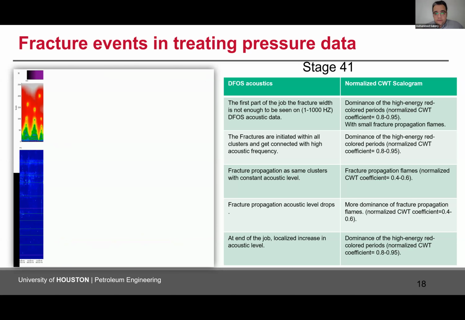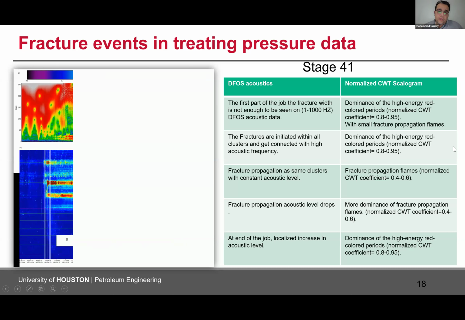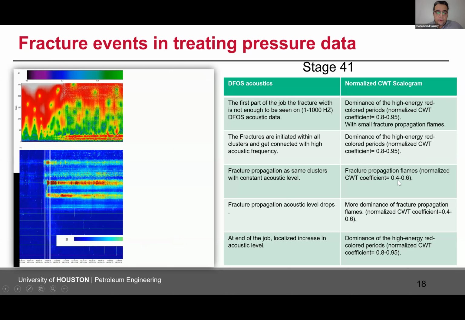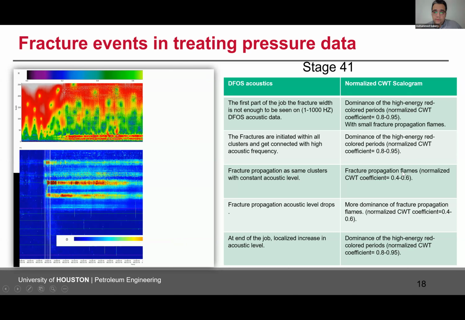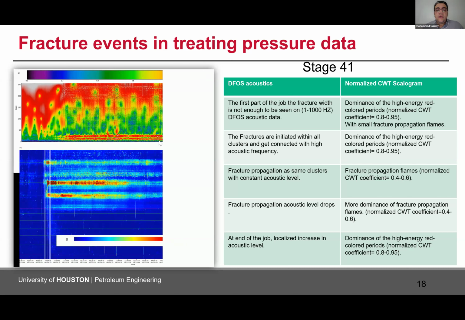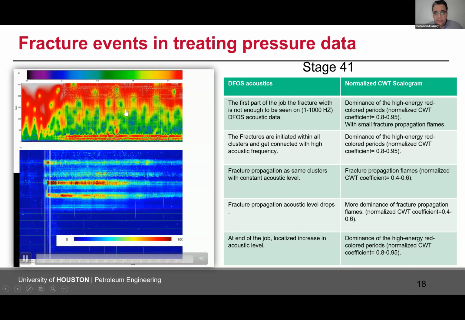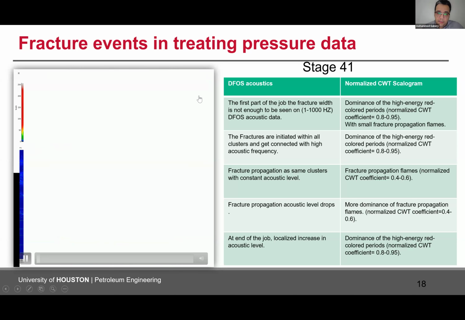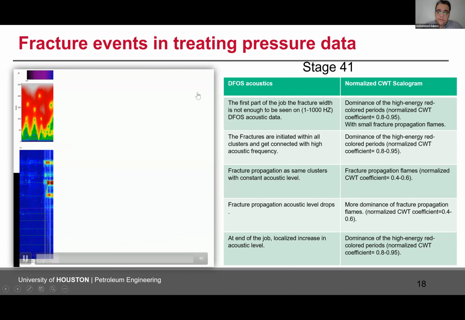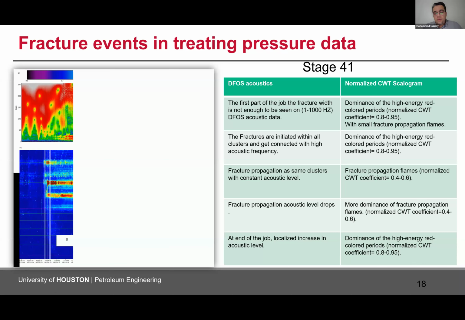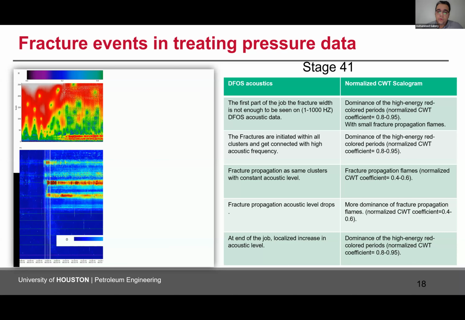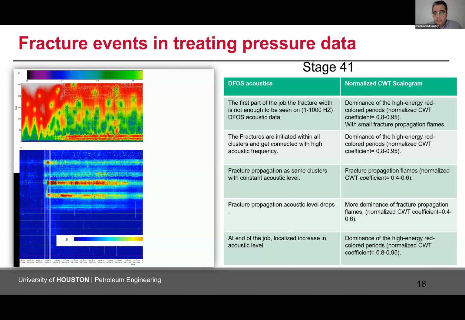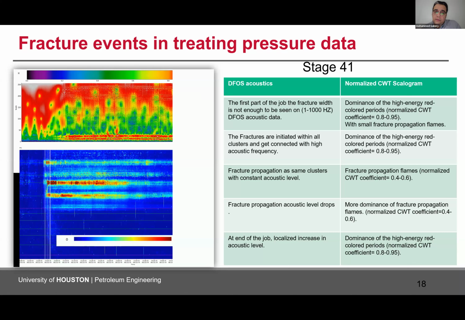The first part, there is not enough fracture width to be seen on the fiber optics at frequency between 0 and 1000, and then fracture propagation increases, then starts to diminish, and this is a high dominance over the scales of the high energy, which represents a new fracture opening or an increase in the acoustic at a specific cluster.